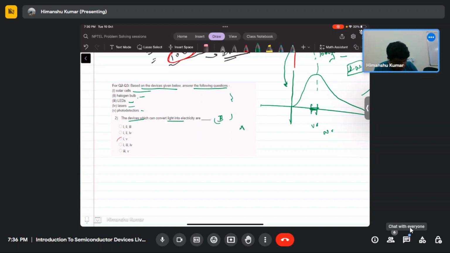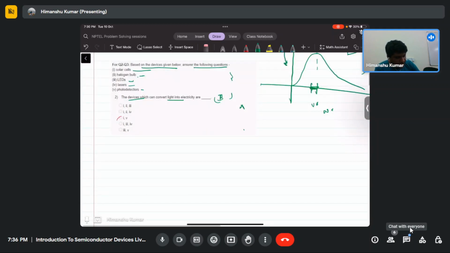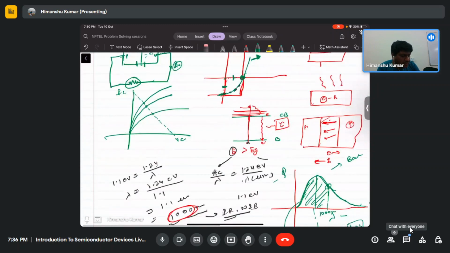Third, the LED. Ideally you could convert, but the LEDs are optimized opposite to the solar cell or photodetector.